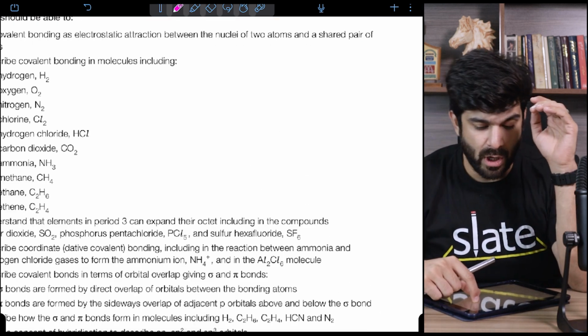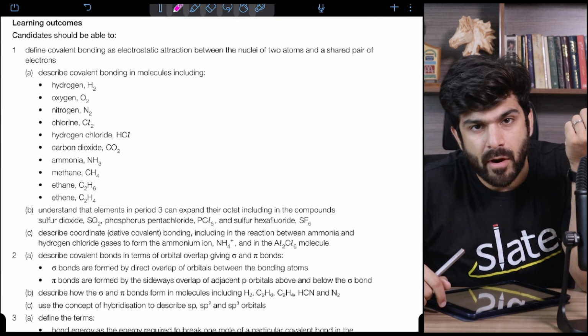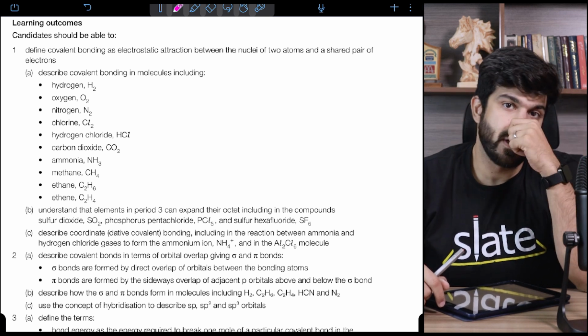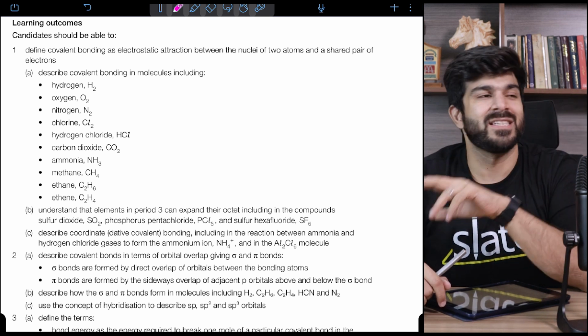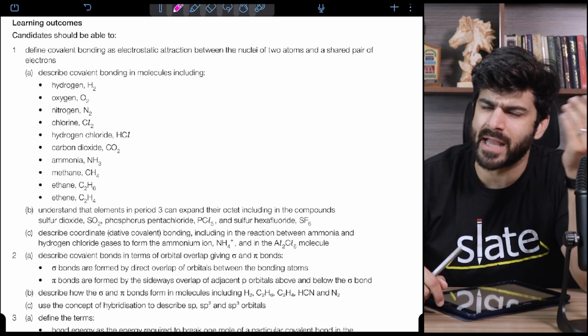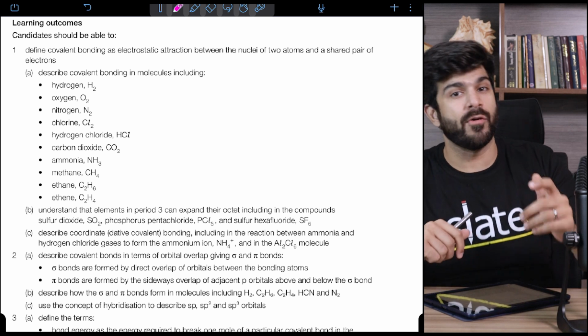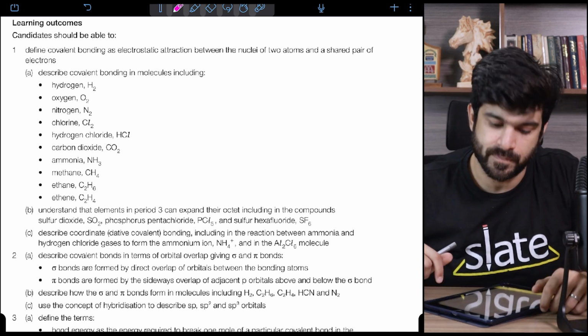Ionic bonding has the same dot and cross diagram, the same properties. Covalent is the same Venn diagram, mutual sharing of electrons, and metallic is again the same: a sea of electrons, cations and delocalized electrons.